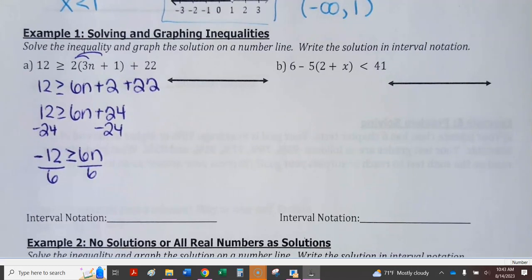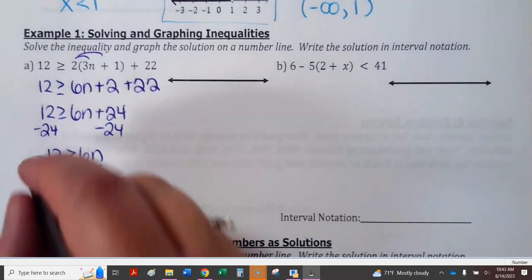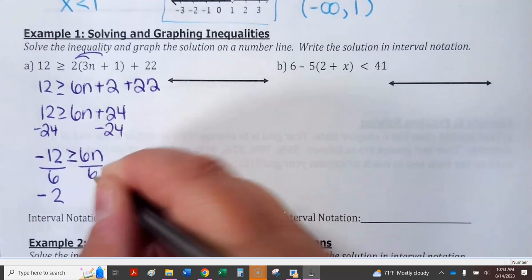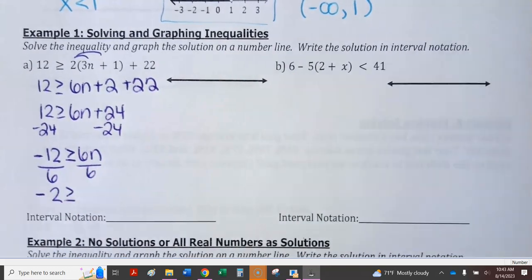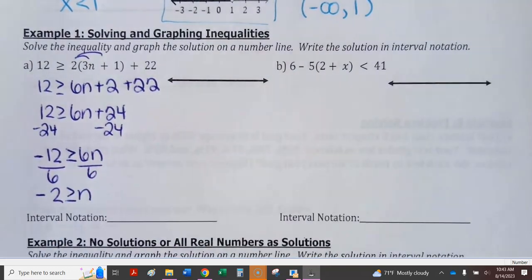If your result is negative, that doesn't mean you flip the symbol. Our action here is to divide by a positive 6, so don't flip any signs over. It's okay that this is a negative. Don't just see the negative. I feel like people get so trapped into that. They see a negative and they just want to flip the sign over. Only do that if you are multiplying or dividing by a negative number, which we did not do here.